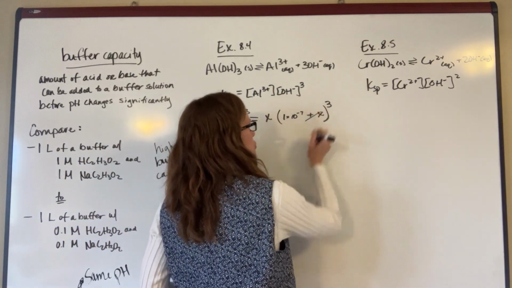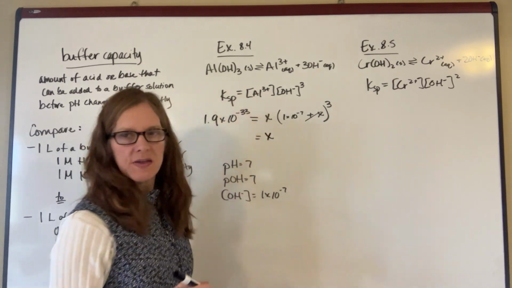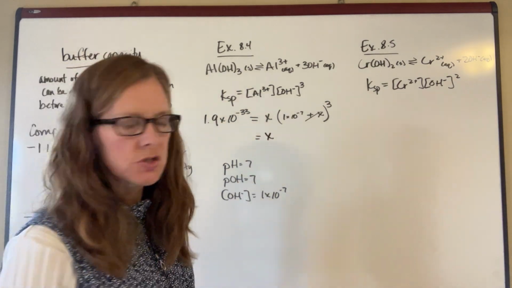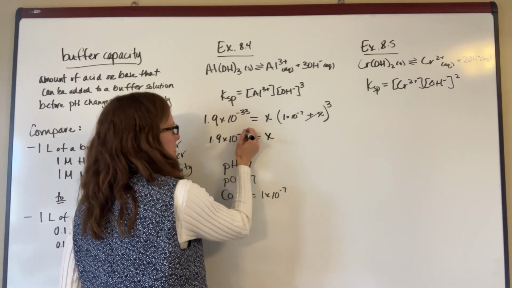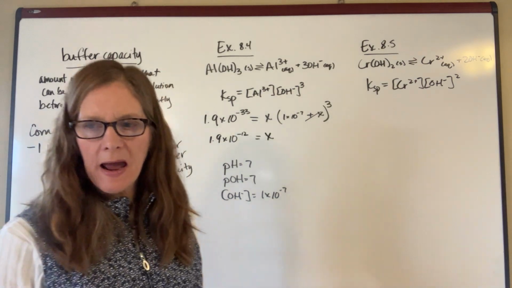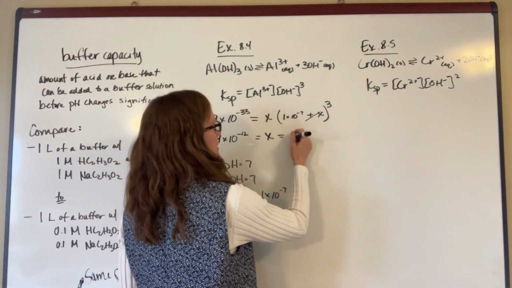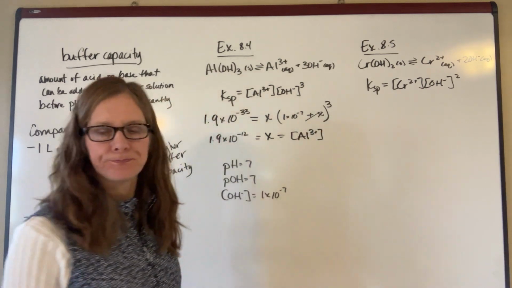So I'm going to assume that that's going to be little. And then when I divide that out, that's actually going to give me 1.9 times 10 to the minus 12th, and so that actually then is also going to be the aluminum ion concentration here.